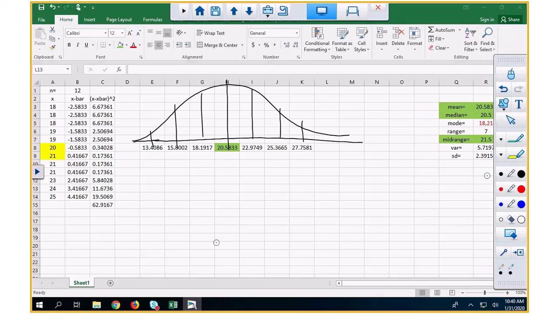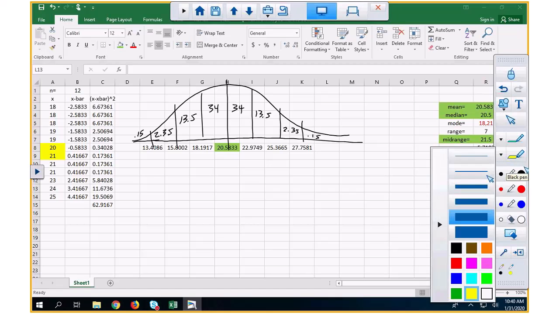So, 34, 13.5, 2.35, 2.5, 13.5, 2.35, and 0.15. So, take your handy dandy highlighter out, and somebody tell me what's normal. 34 and 13.5.